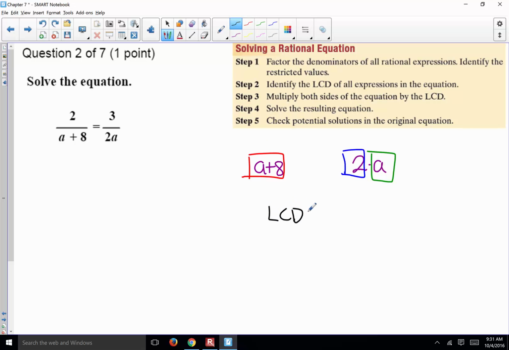The bullet, the LCD, least common denominator, is all 3 together. No overlapping. Okay? Again, you pick each factor. You list each factor here with the biggest one. You sample one factor from everybody.